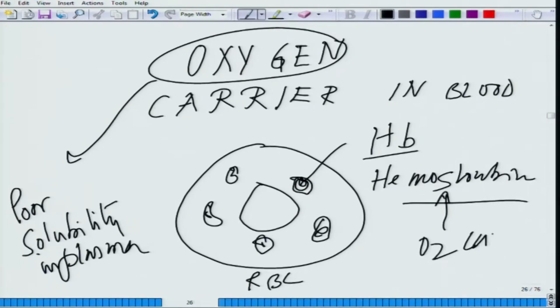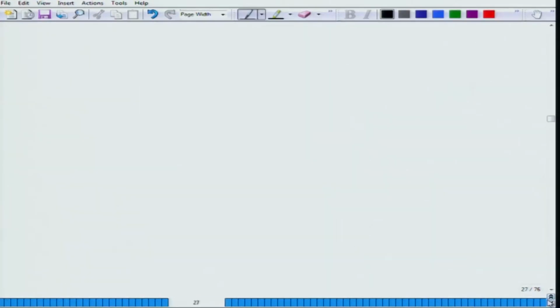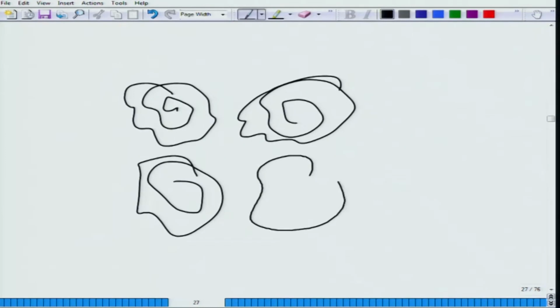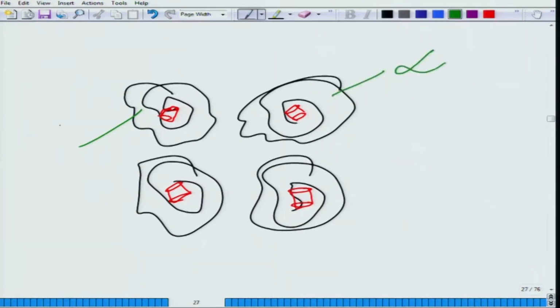This is your oxygen carrier. If you look at the hemoglobin molecule, it is something like this. It has 4 subunits like this, and within the subunit it has an interesting center, we will come to that. This is a single molecule of hemoglobin. These two chains, this and this one, are called alpha chains.